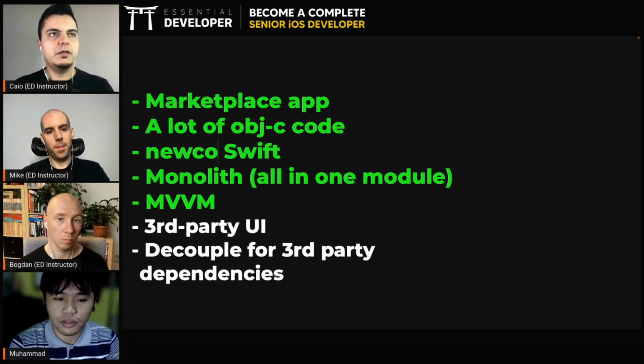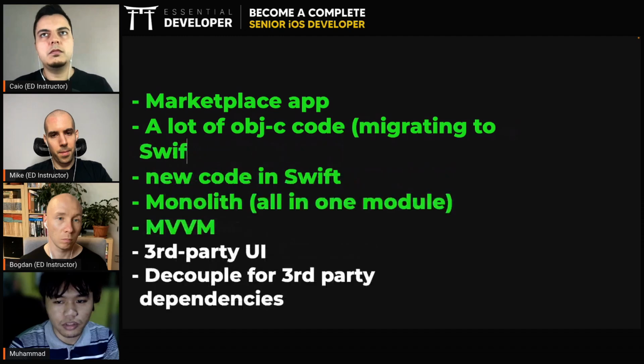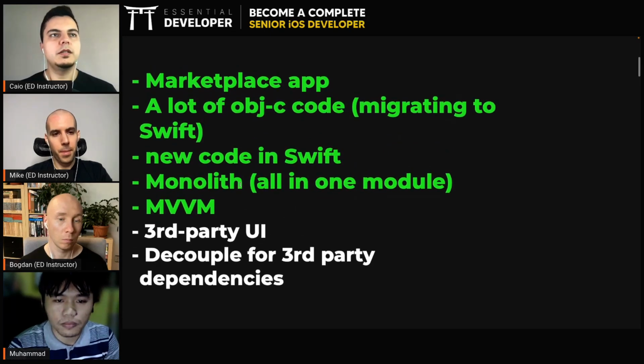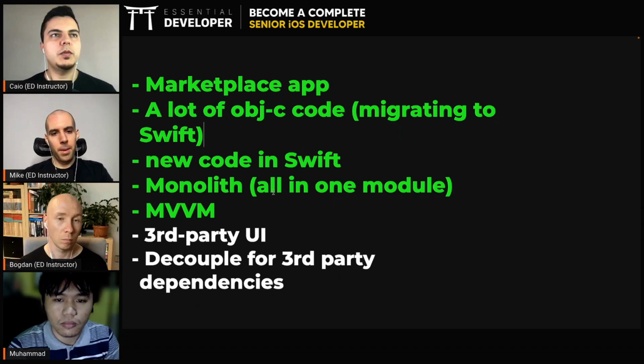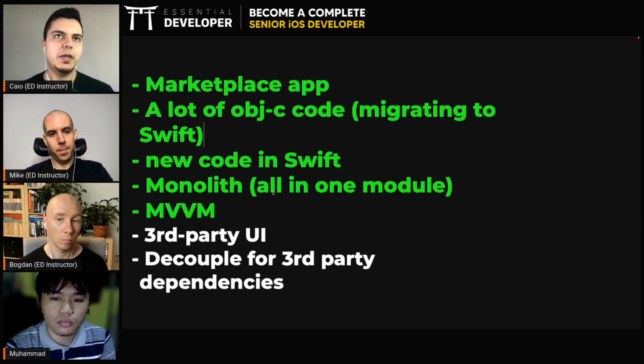Yeah, we start to implement all new code in Swift, and we will add Objective-C interop if needed. Okay. All right. So monolith, everything is one module, a mix of Objective-C code and new code in Swift, migrating some APIs. It's a marketplace app. It's a large code base with third-party dependencies.